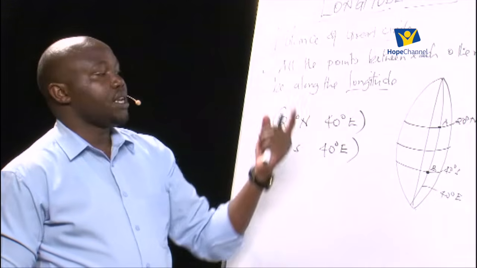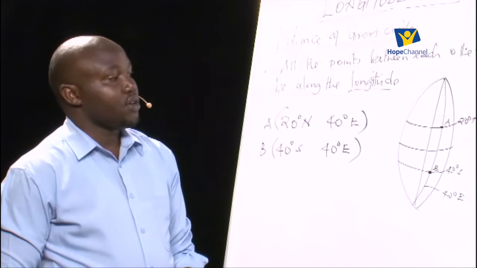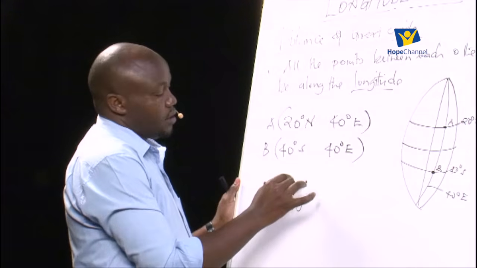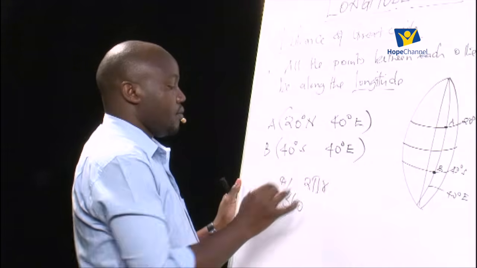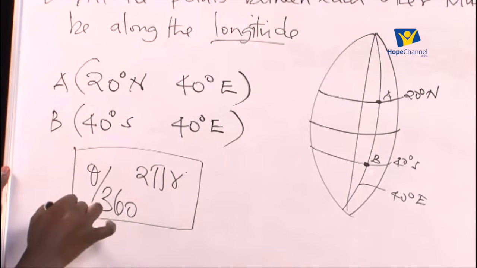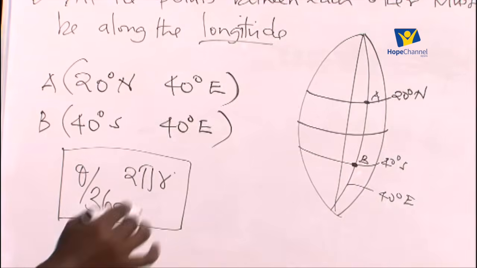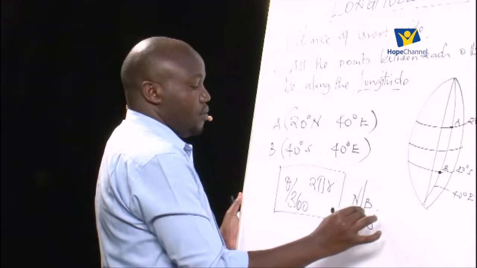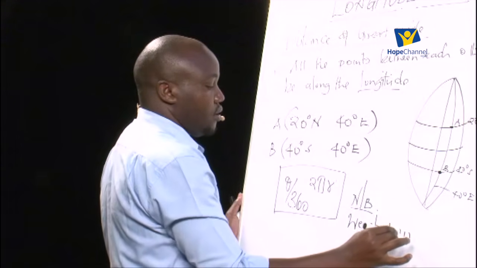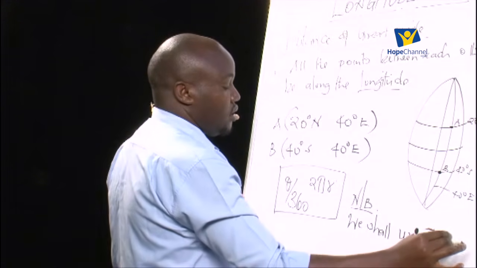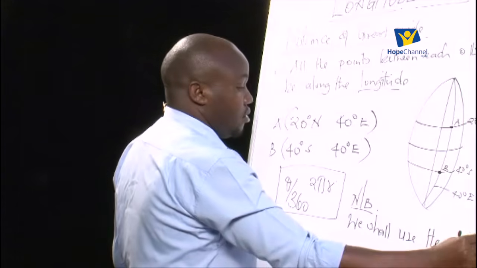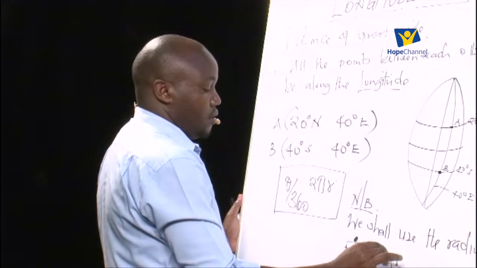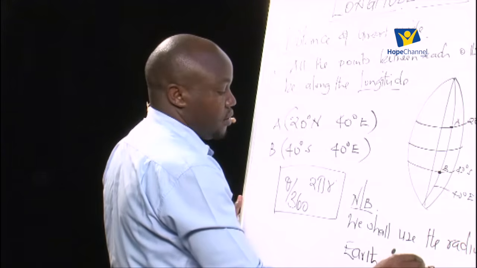And what is the formula of finding distance between two points on a great circle? The formula is theta over 360, times 2 pi r. That is the formula. Now in this case, NB, we shall use the radius of the Earth as 6370 kilometers.